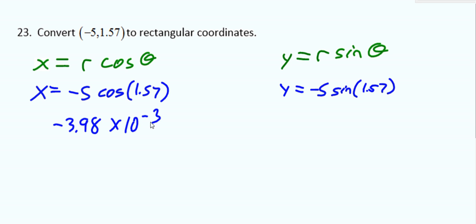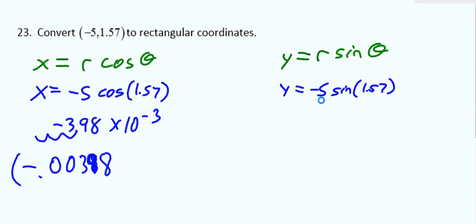That's how my calculator displayed it. So that means I should be moving this 3 spaces to the left. So that'd be negative 0.00398 is the x coordinate. We'll discuss that in just a second.